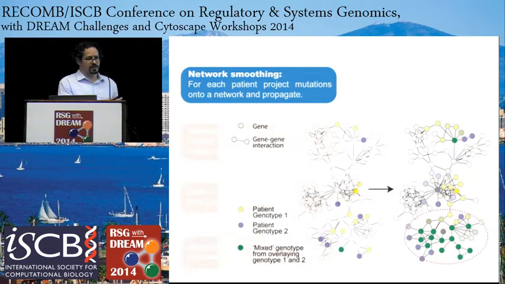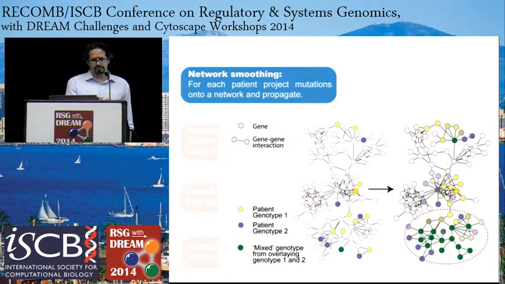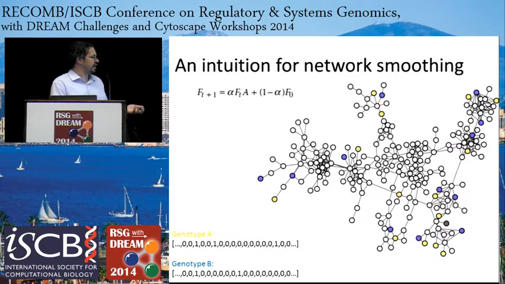And so the first step, and I think a step that in our hands has been a rather powerful step, is this idea of moving from features that are in distinct genes to features on a network, right? And we've called this network smoothing. It's also been referred to as network propagation. And Bilur basically used a very similar technique in her work that she just presented. Very, very briefly, the idea is that you basically use some linear algebra to go from a discrete vector, although it does not have to be discrete.